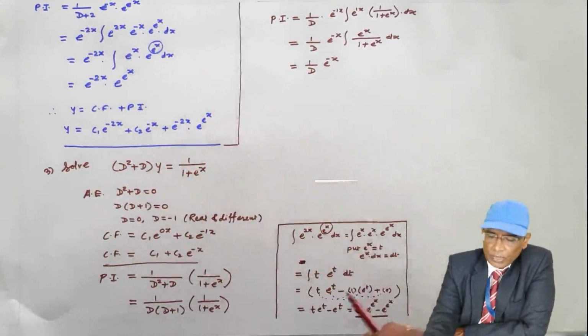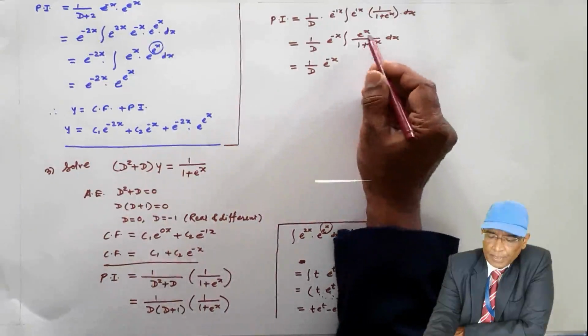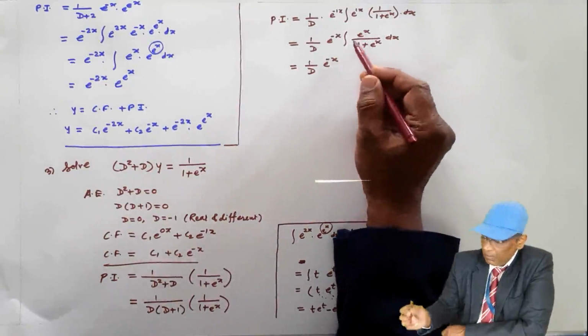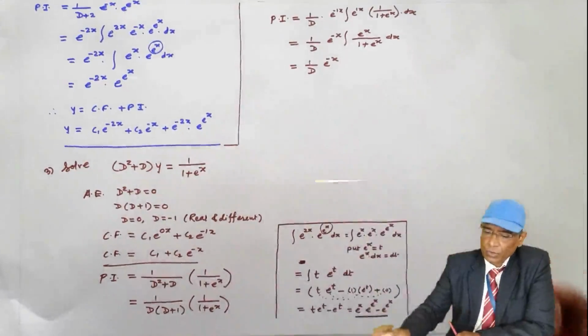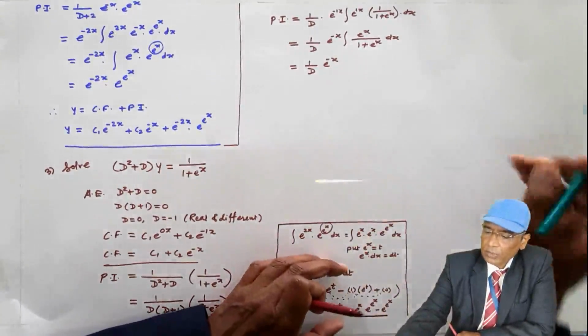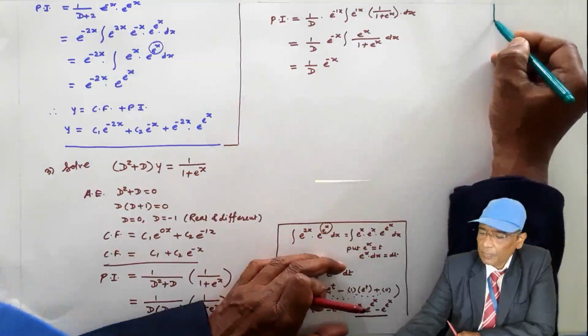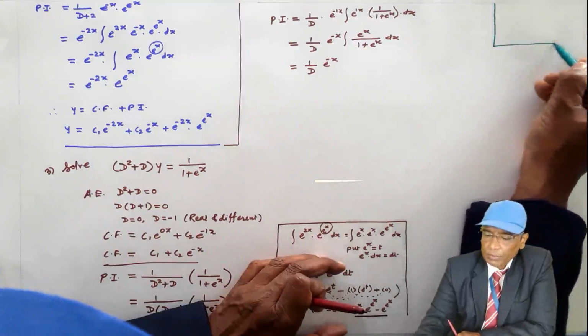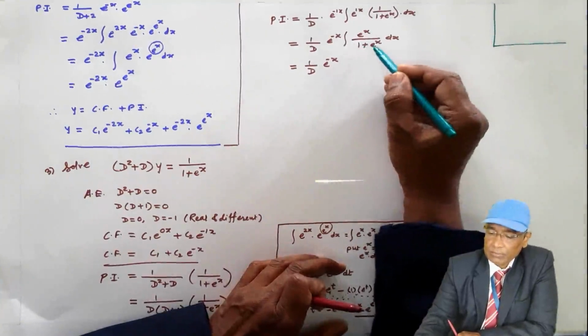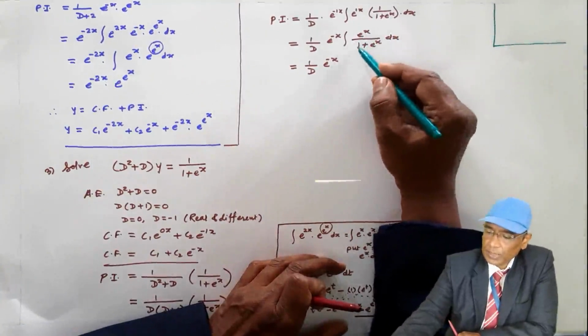So if you look at this function very carefully, the integration of this will be what? If you look at the numerator and denominator, the derivative of the denominator is present in the numerator.